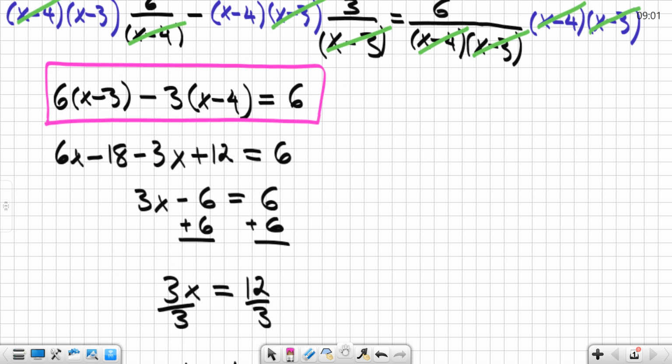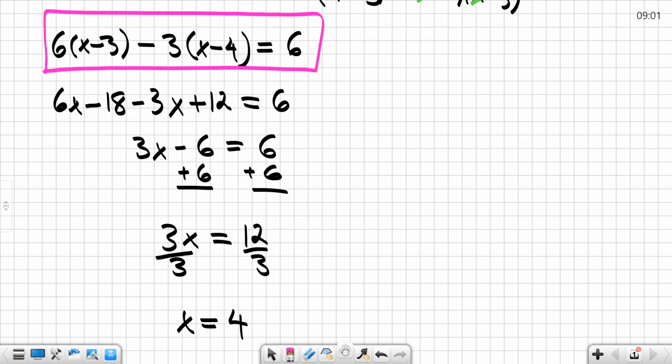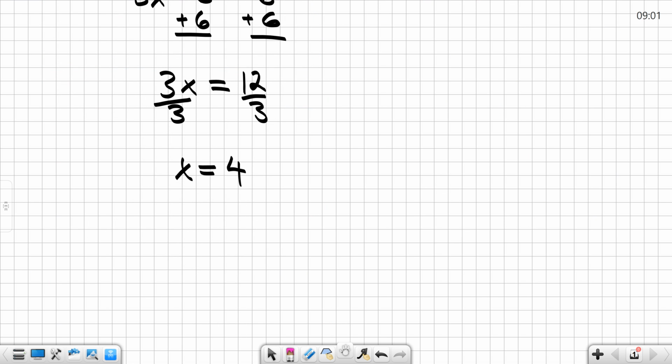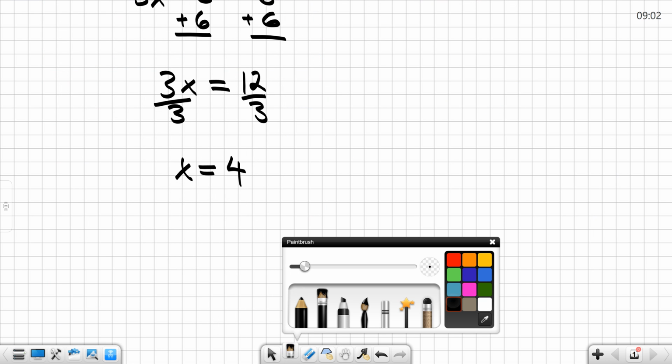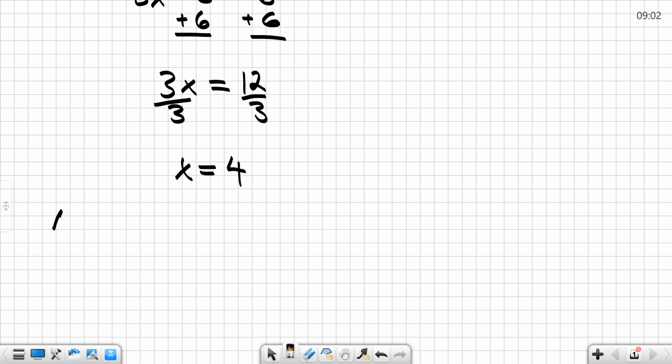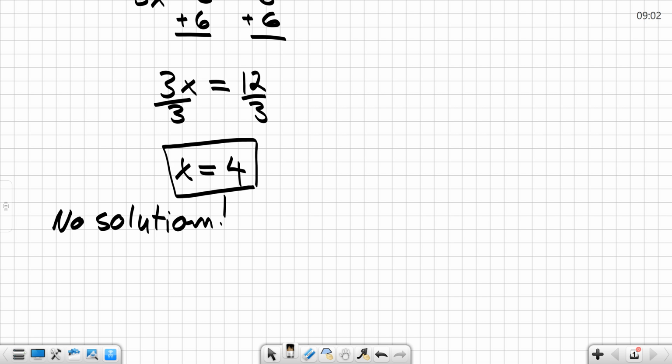This means that the original equation did not have a solution. No solution. Because when we solved the linear equation, it turned out it was supposed to be equal to positive 4, but positive 4 was one of my restrictions.